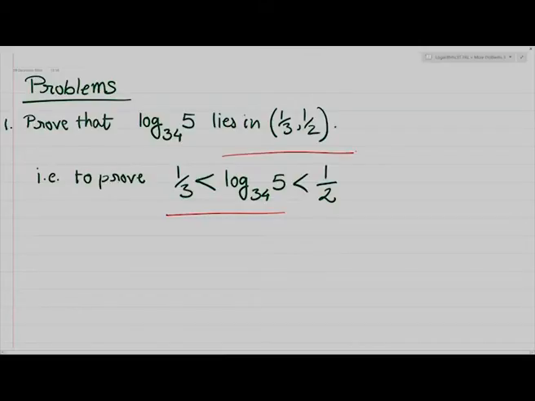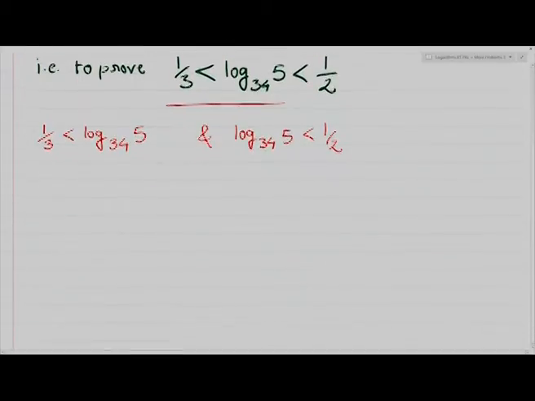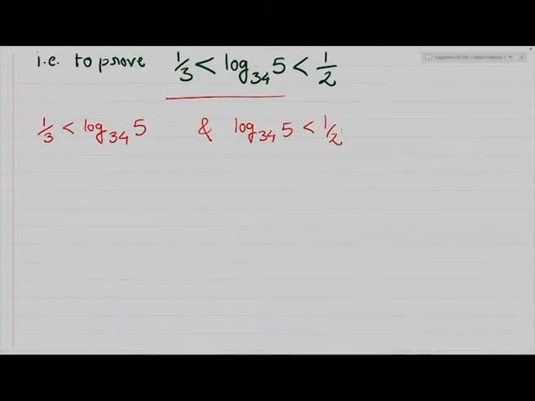That means what I am asking is, I have to show 1 by 3 is less than log to the base 34 of 5. At the same time, I have to show log to the base 34 of 5 is less than half. Okay. In order to prove this, how will we proceed? I am just modifying what is to be proved.